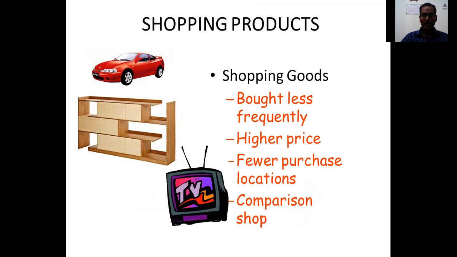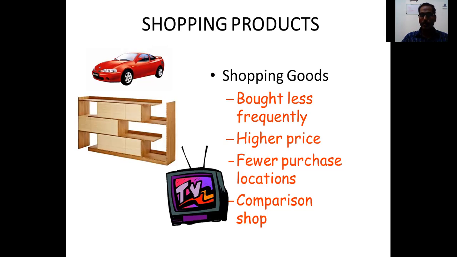Then we go to shopping products. Shopping goods are bought less frequently, like once in a while. Usually the prices are higher, and the purchase we do is in only a few locations. And when we do, we usually compare which place offers more brands and better prices and all those things.